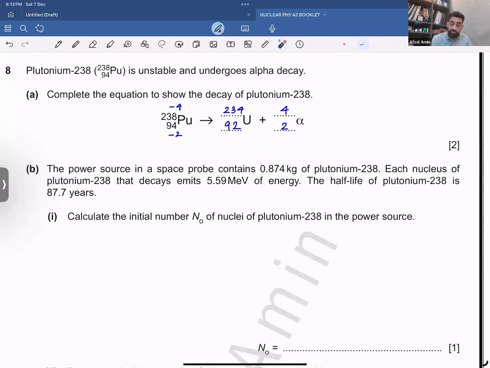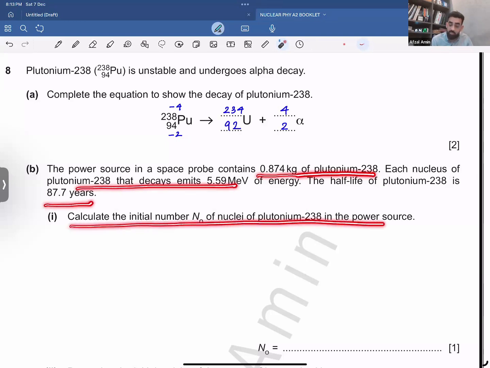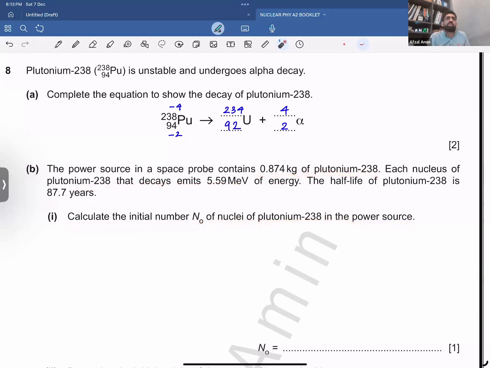The power source in a space probe contains 0.874 kg of plutonium. Each nucleus gives you this energy. The half-life is this. Calculate the initial number. Again, the same concept we did two questions before.